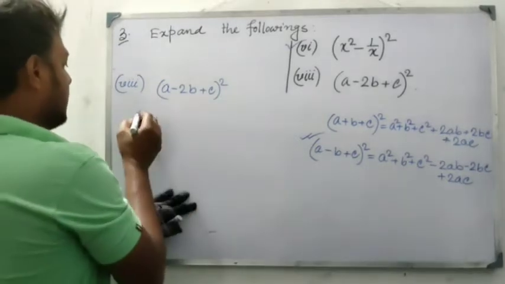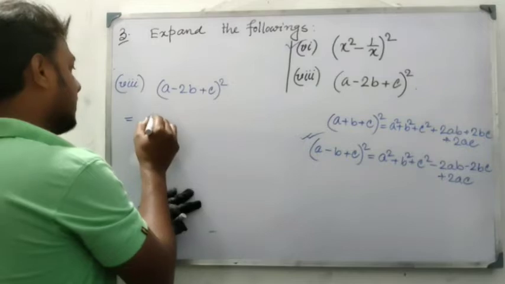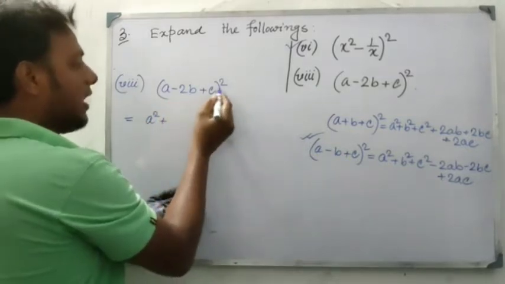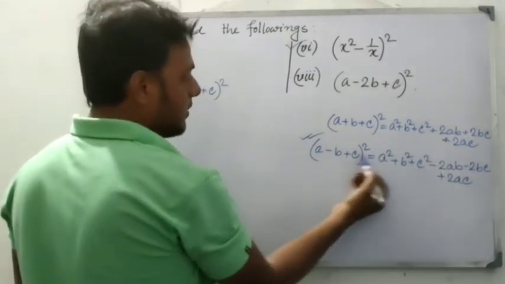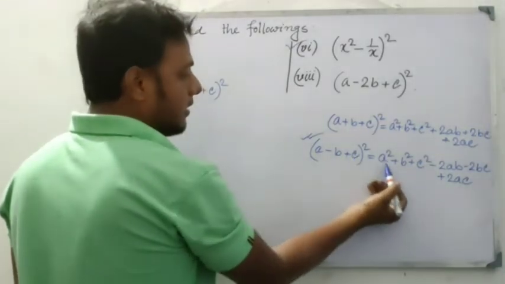Okay, so right here, first write a square plus first one square plus second one square plus third one square. See, first one square, second one square, third one square. A first, B second, C third.